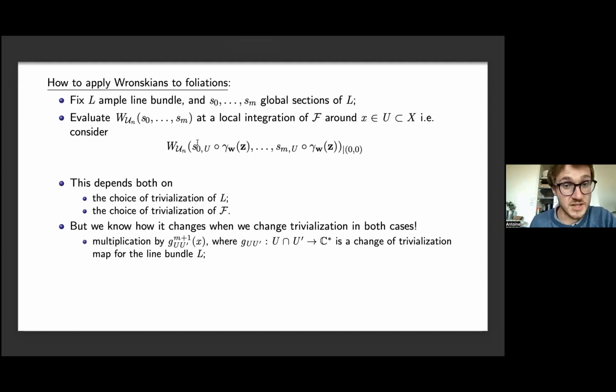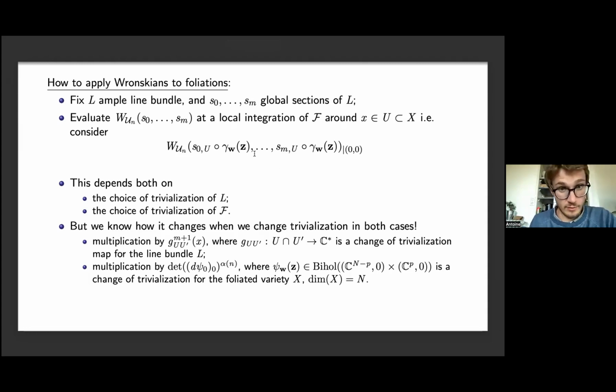So if we change trivialization for the line bundle, well, we've already seen it in the case of the application in hyperbolicity, we multiply this number by the transition function of the line bundle. And in the case of the change of trivialization of the foliation, the foliated variety, it changes by multiplication by the determinant of the differential of the change of foliated coordinates to the power alpha_n.